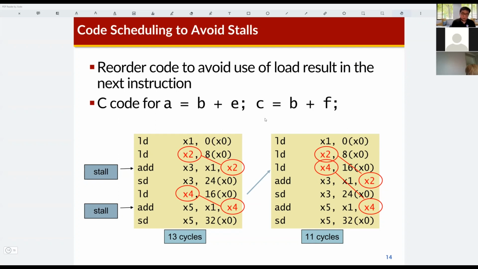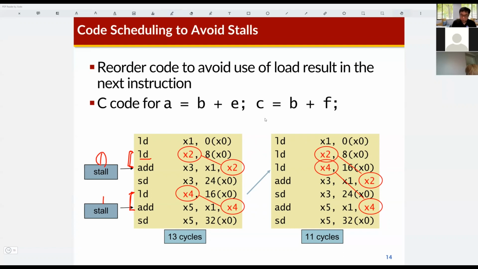In this example, we can find the data dependencies from this load and add here and here, and then here and here. As we learned, this instruction pair will consume 1 more cycle, and also this instruction pair will consume 1 more cycle, because this add instruction requires data from this load instruction.